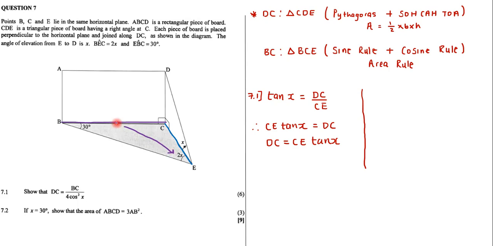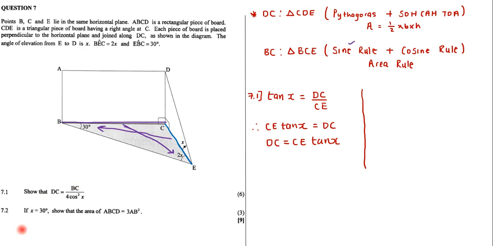In this case, we do have BC, the one that we want to calculate, and we also have an angle facing BC, which is 2x, right? And remember, we're still talking about the angle that is common. So technically we do have CE, and CE also has an angle facing it, right? Because of that, we can use the sine rule.